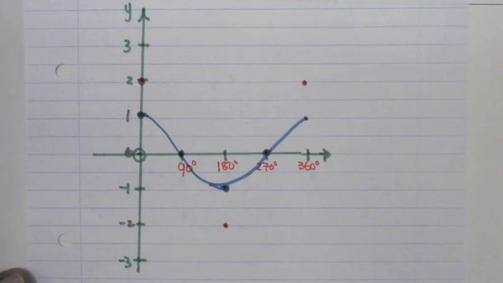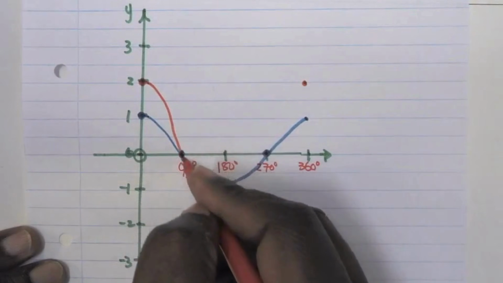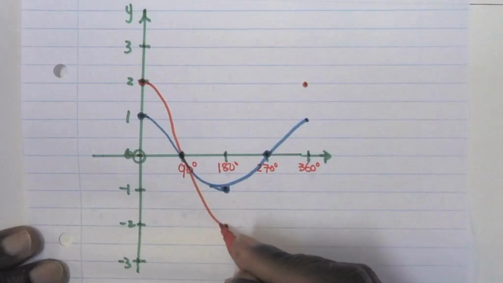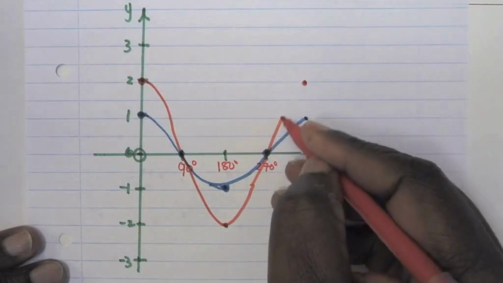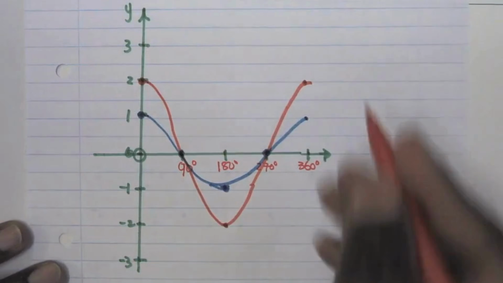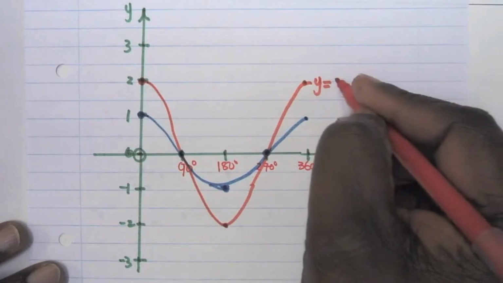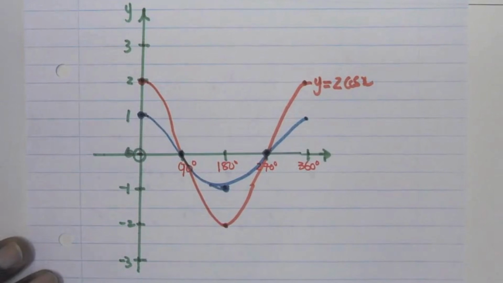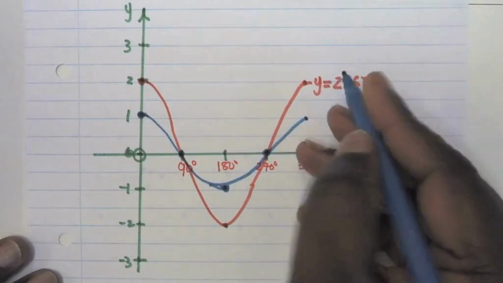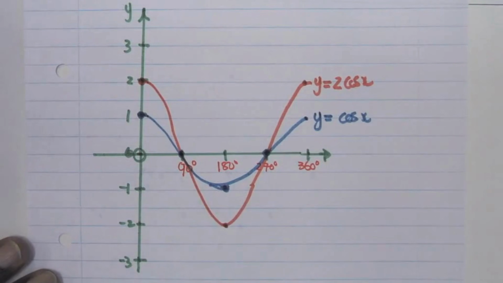Please be very careful, do not miss a point. And this is my graph of y = 2 cos x. And the first one here was y = cos x.